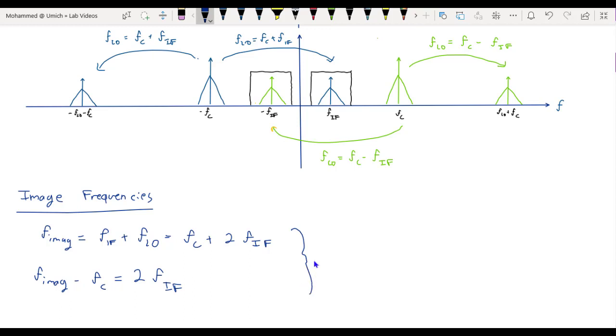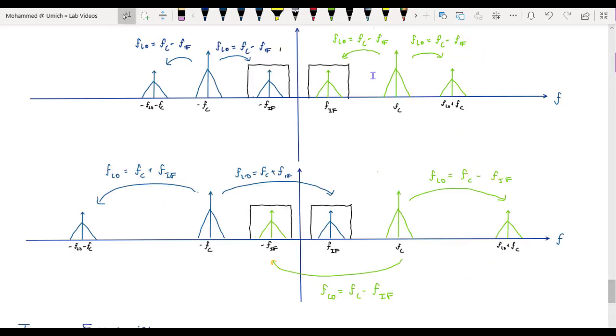And this corresponds to the case where the local oscillator frequency equals Fc plus FIF. And if you recall, both of these two plots corresponded to the case where Fc is greater than FIF.